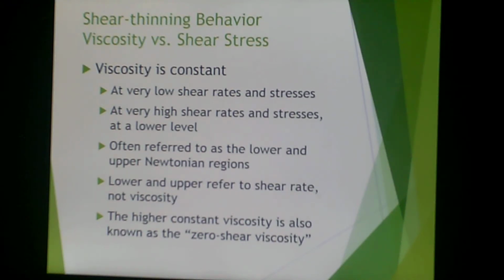At very high shear rates and stresses, viscosity is constant. These are often referred to as lower and upper Newtonian regions, and for the purpose of your exam, you should know that these are called the lower and upper Newtonian regions, not just lower and upper, as they're shown on the curve. Lower and upper refer to the shear rate, not the viscosity, and the higher constant viscosity is also known as the zero shear viscosity.